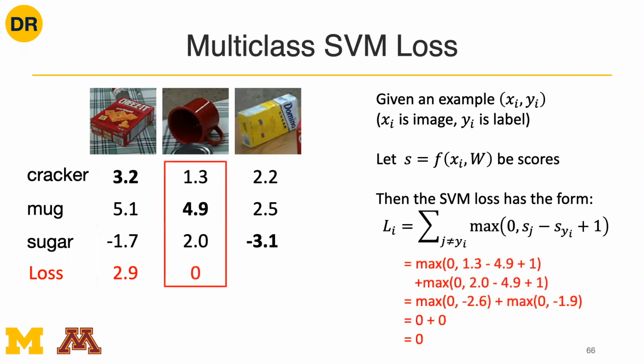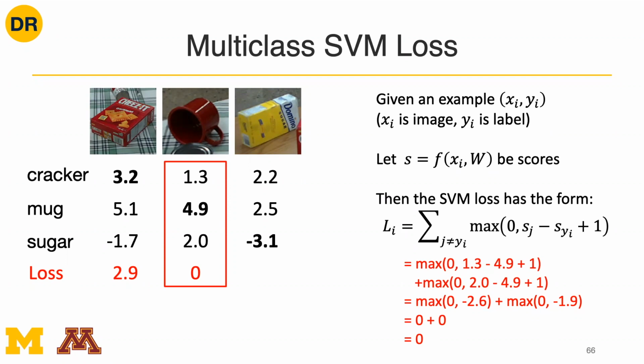Let's say we are looking at mug. For the true label, the score is 4.9. So the entire loss is being computed with respect to that. With respect to 1.3, it is away from the margin. The margin is 1, right? So it's quite away from that.